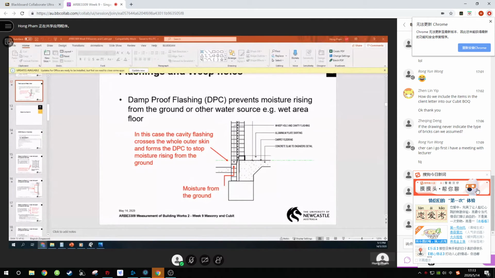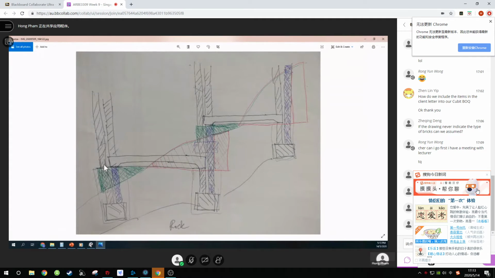Okay, guys, let me explain again a bit. Remember, the slab is inside. Outside is the walls. This is either a brick wall that's sitting on the footings, or a retaining wall. Only the retaining wall part needs a working space. A brick wall part doesn't need a working space.